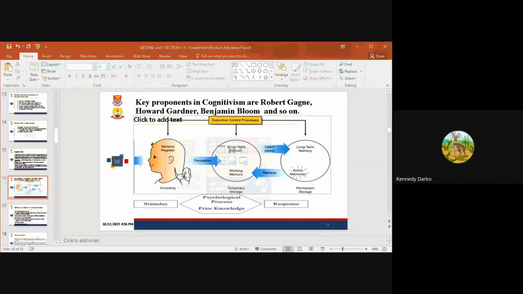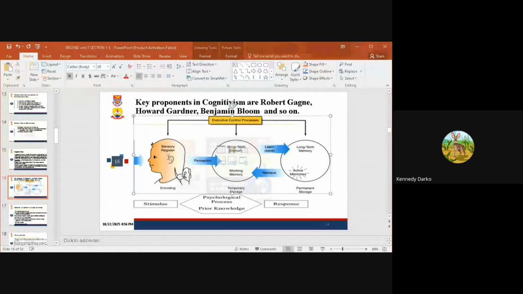Okay, what are they saying? What are they telling us? When we take it from here, we are saying that we have executive control process. The whole thing is executive control process. We come here, we have the sensory register. So whatever information is coming from me to you, or from whoever to you, we have the sensory register.